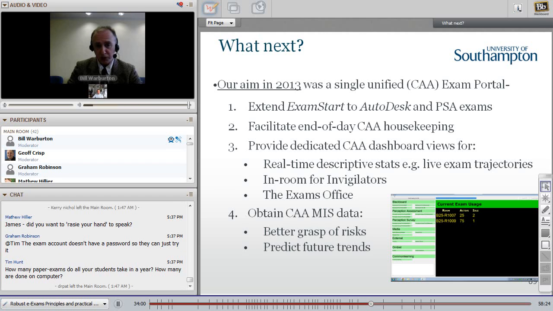And we wanted to provide some dedicated dashboard views. Graham's already shown you the exam usage screen, which we've shown in miniature at the bottom of this slide. But we wanted to do something for the invigilators, and something for the exams office, and something almost for us, really, what I would think of as an exam trajectory, the life cycle of a student taking an exam.